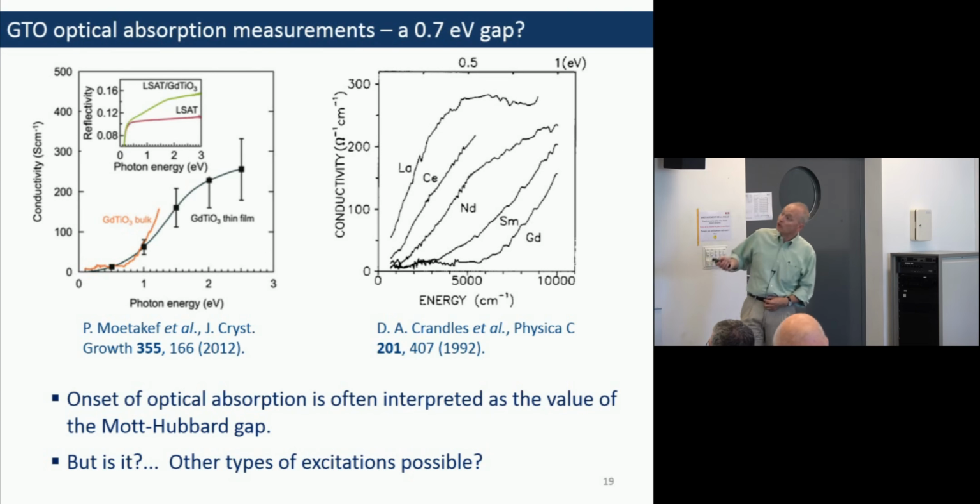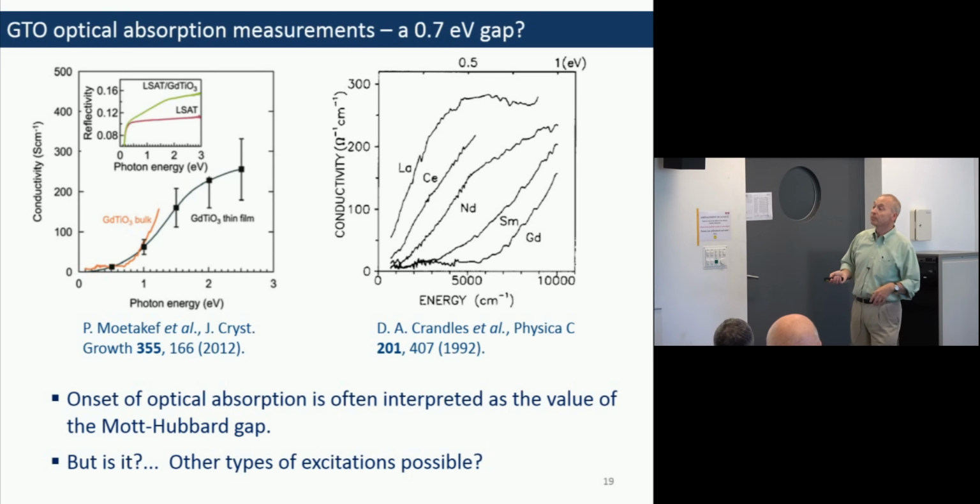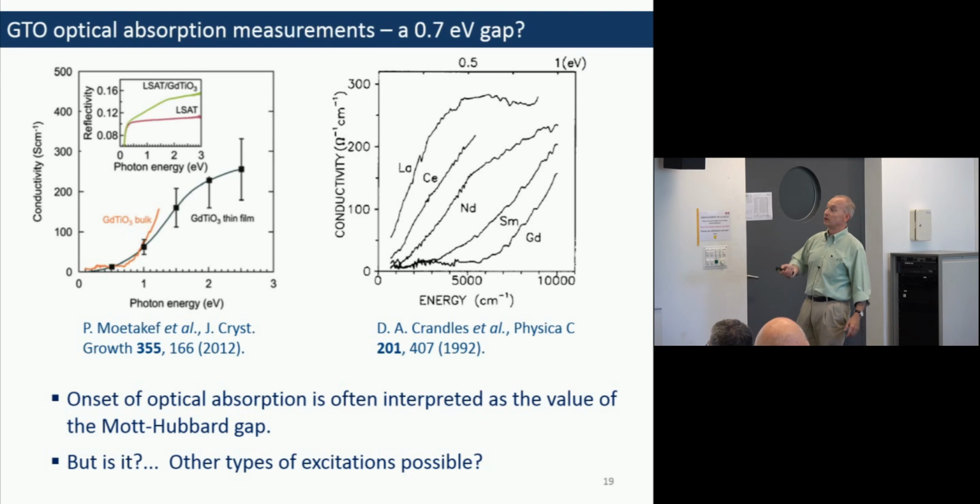Okay, so this sort of measurement is very prevalent in the literature, has been done on lots of different rare earth titanates, all with reasonably similar results, all giving a very low value on the order of half an eV for this onset. And this onset is interpreted as the gap.